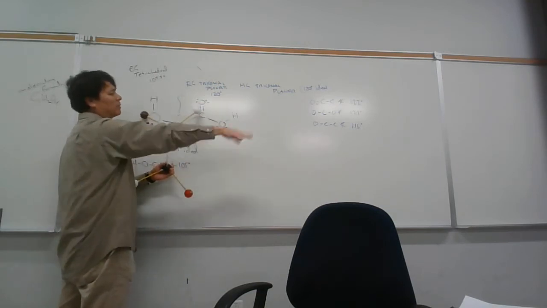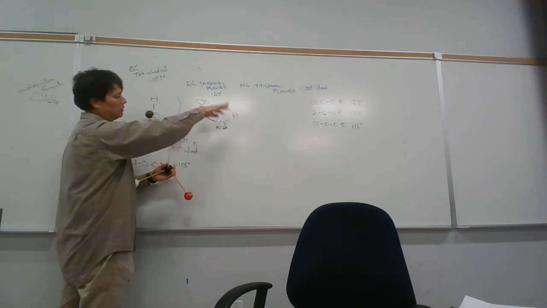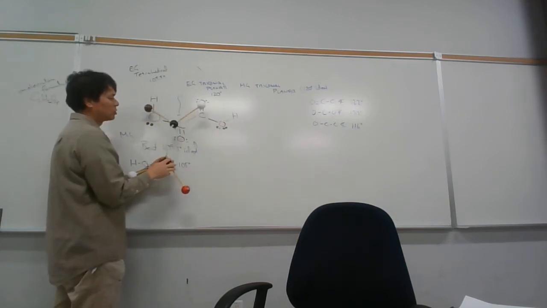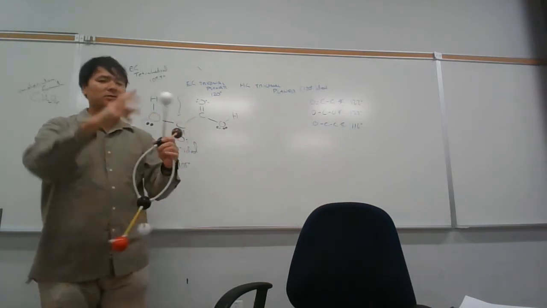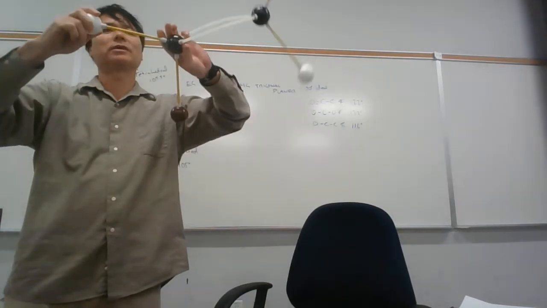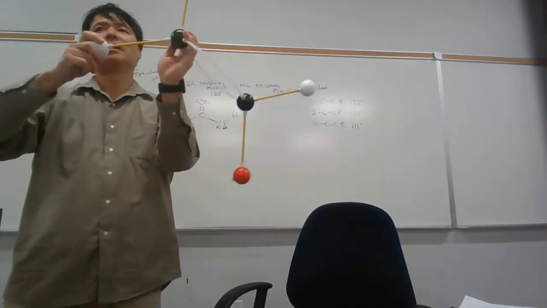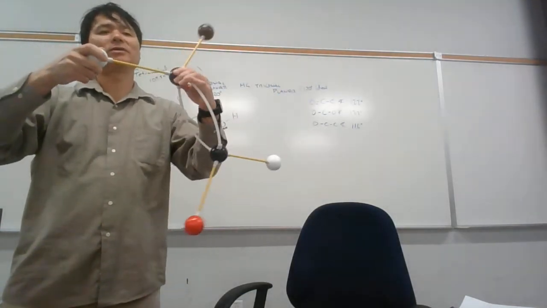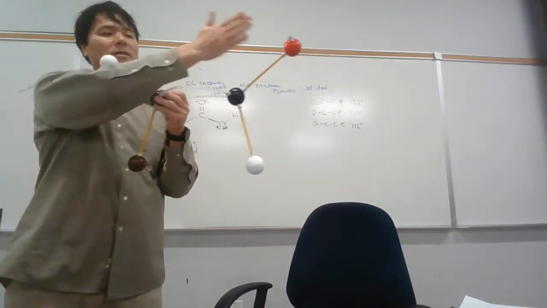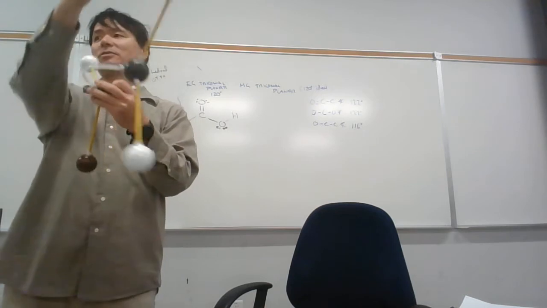This thing can flop around and rotate. So I'm just going to flatten it in the page and then draw it. Single bonds are free to rotate, so I can twist this, and this whole thing can rotate around like this. So what I want to do is rotate it so I can get as many bonds in the plane of the page as possible.